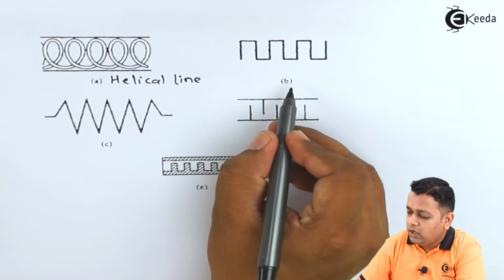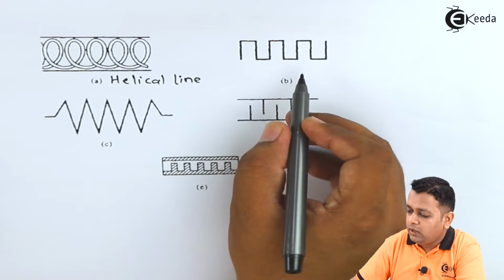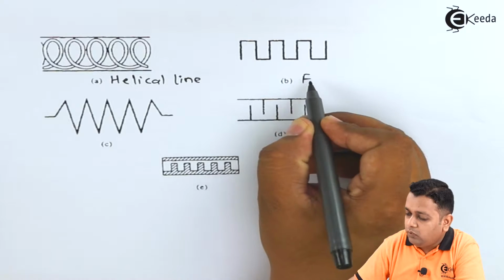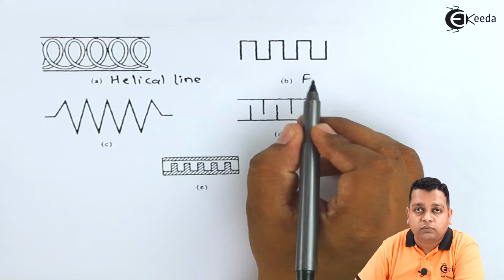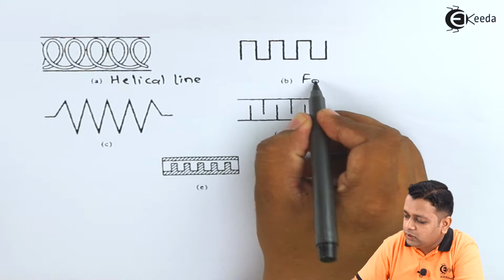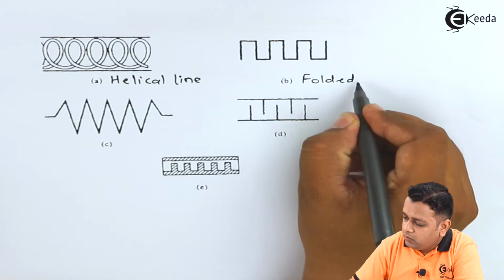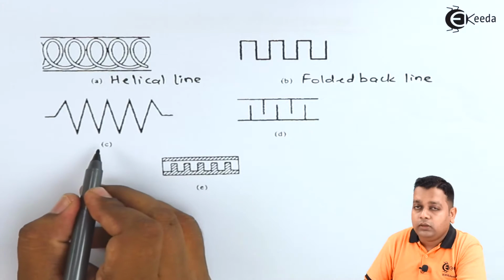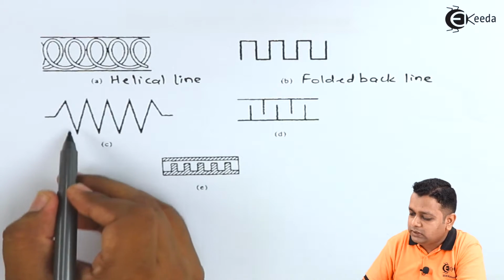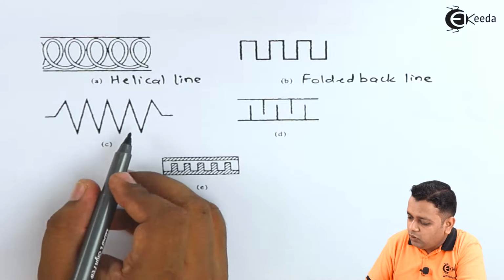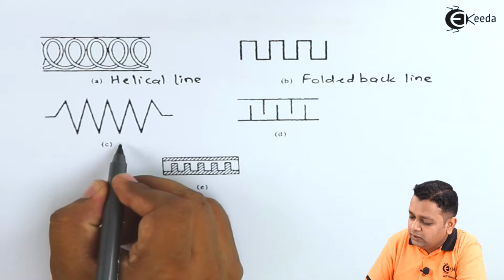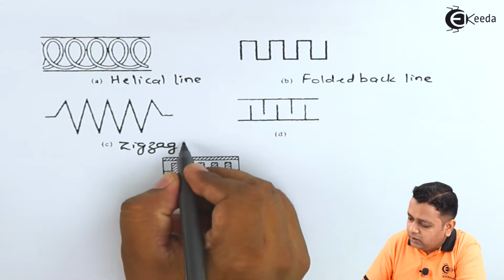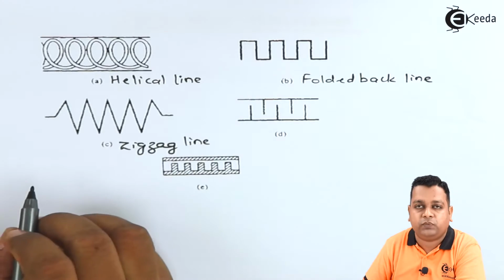The second one, B, is the folded back line, whose structure makes more interaction of the electron beam with the microwave signal. The third one is in a zigzag fashion, hence the name zigzag line slow wave structure.